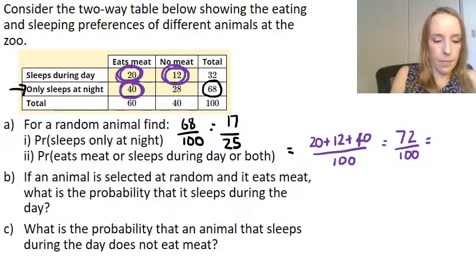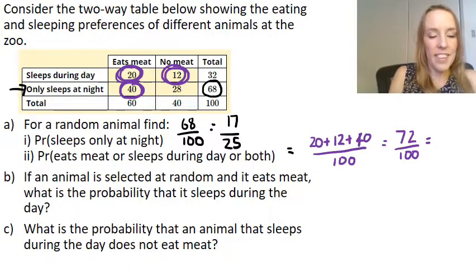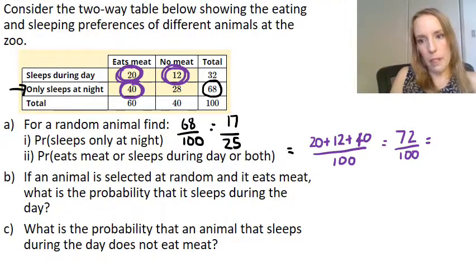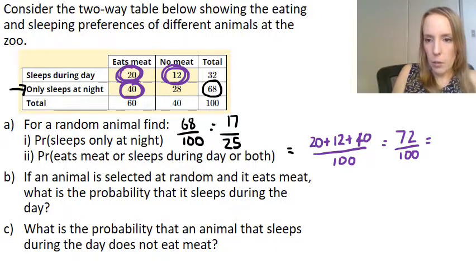Okay. No. Anyway, whatever. We'll simplify that by whatever it can be simplified by. I think it is 4 actually. That would make it 25. And 72 divided by 4 is 18. I think that was as small as we can go.